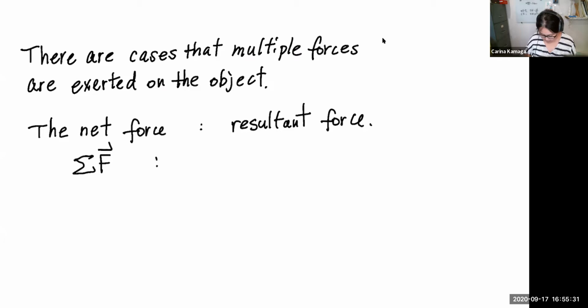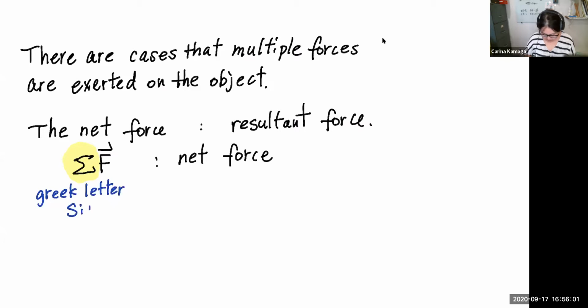This yellow highlighted thing is a Greek letter, uppercase sigma, which represents the sum. It's the sum of all the forces.